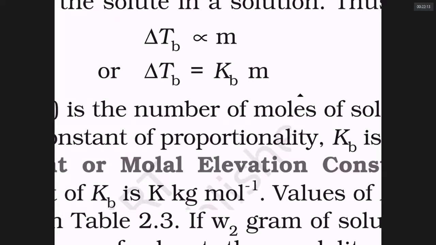What could be the unit of Kb? The product of Kb and molality must have the unit of delta T, that is Kelvin. So the unit of Kb is Kelvin divided by the unit of molality, K kg per mole.